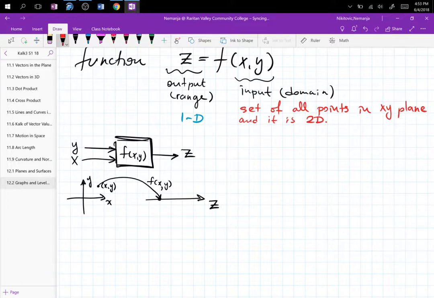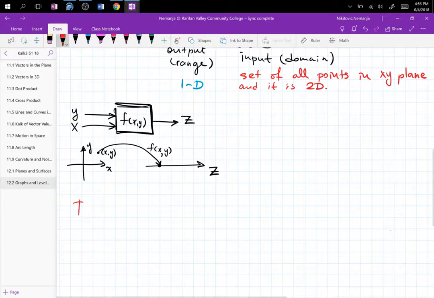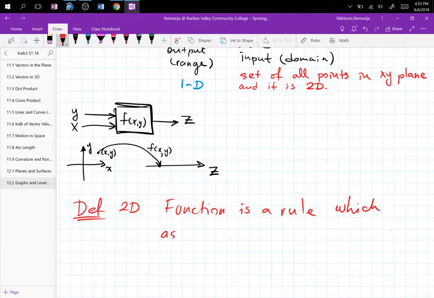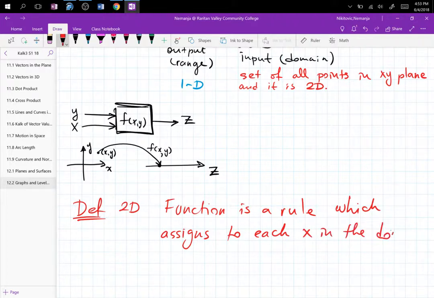I'm going to write first the definition for a 2D function. A function is a rule which assigns to each x in the domain a unique y in the range.